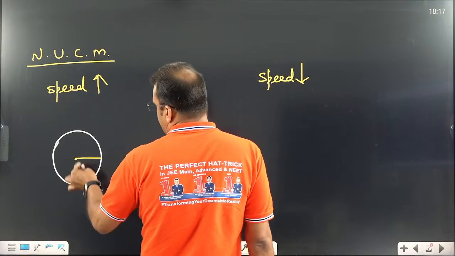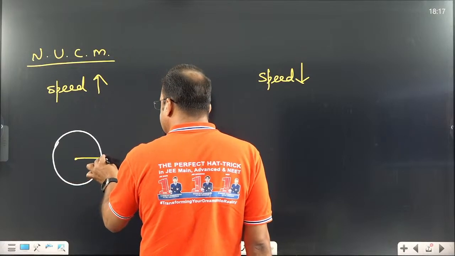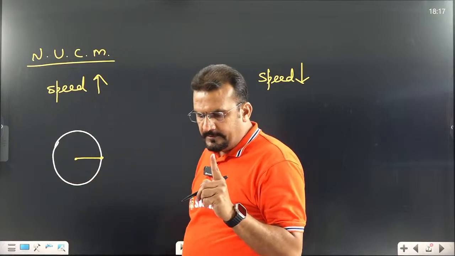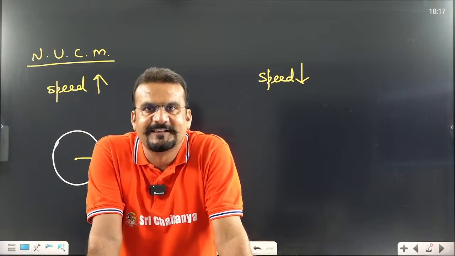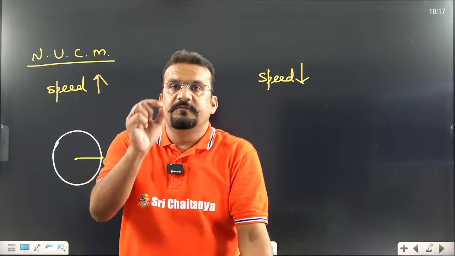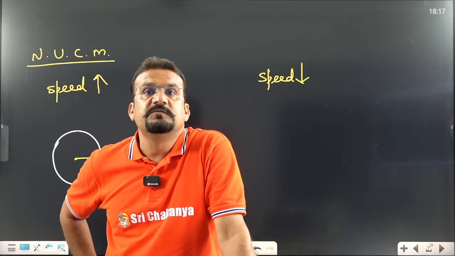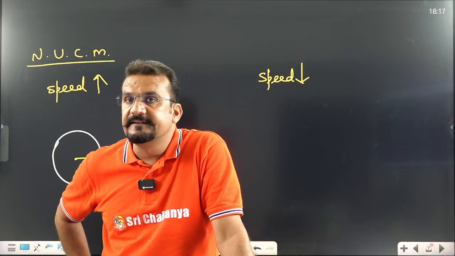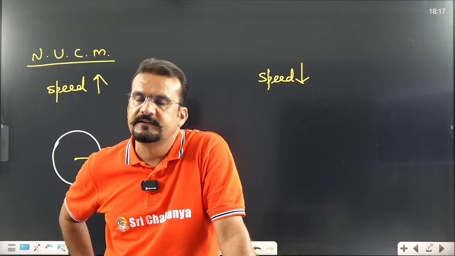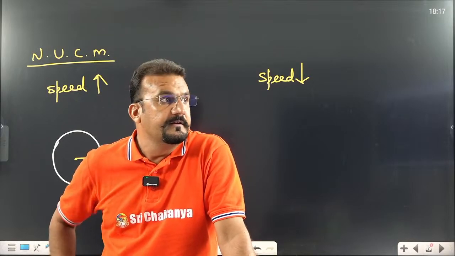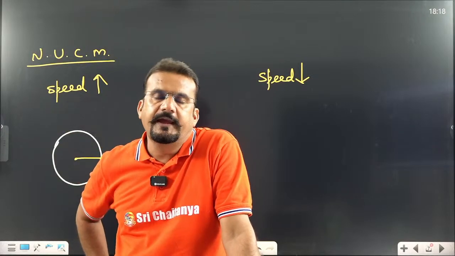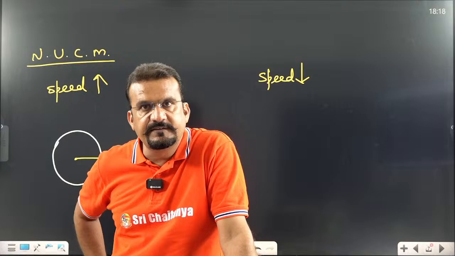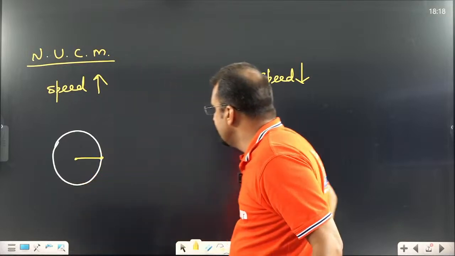Let us assume speed increases. I already told you in the kinematics part, meaning motion in a straight line, that whenever speed increases, velocity and acceleration will be in the same direction, dear student.